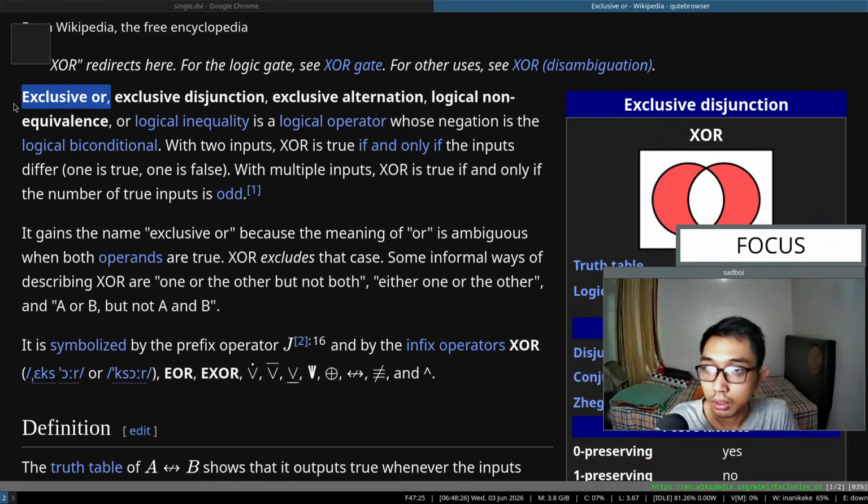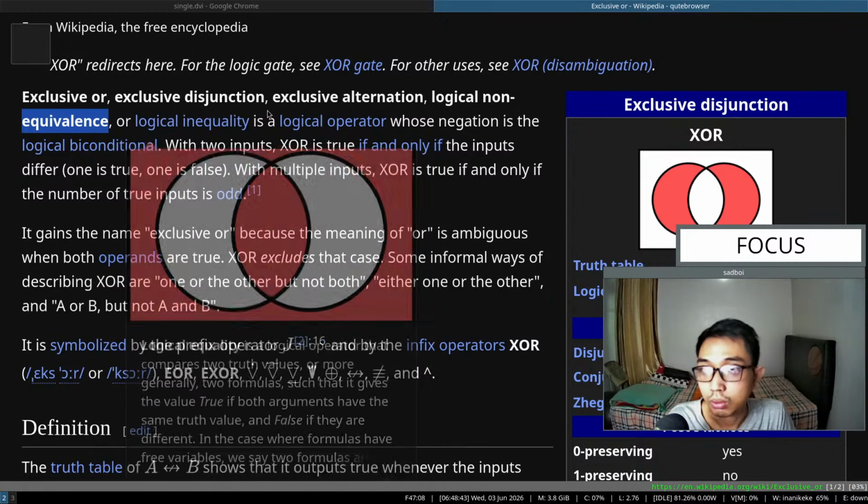Exclusive OR, exclusive disjunction. Oh, okay. Exclusive alternation, logical non-equivalence, or logical inequality.